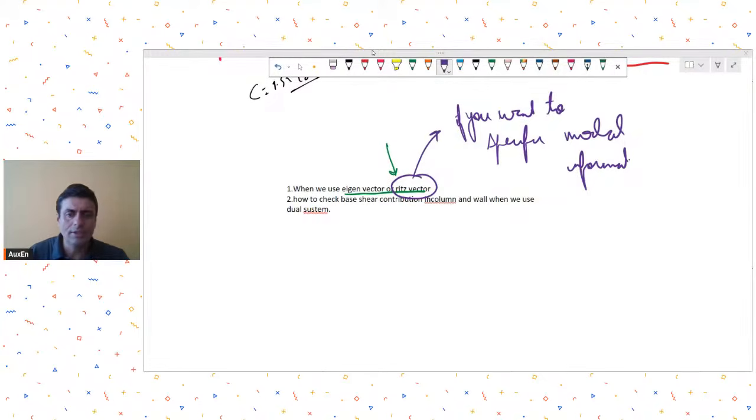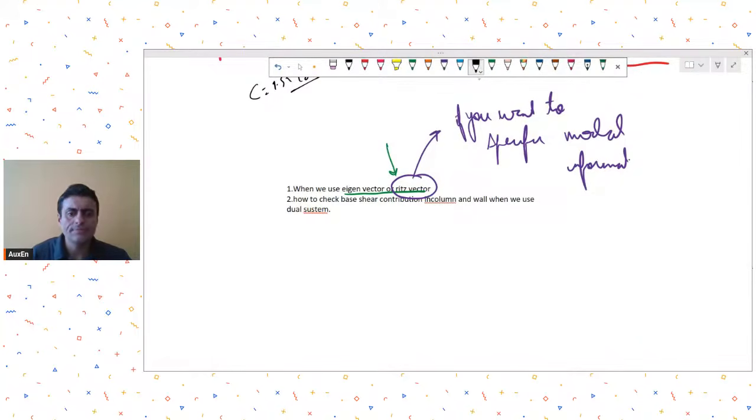I'm not saying it's correct or appropriate, but this is what I understand, that using Ritz vector, we can extract the specific model information, and we can restrict our analysis only to give us this specific model information. Using eigenvectors, it will do a general model calculation, and it will give you all modes. And for specific, you can run a Ritz vector. This is my understanding of the difference between the two.